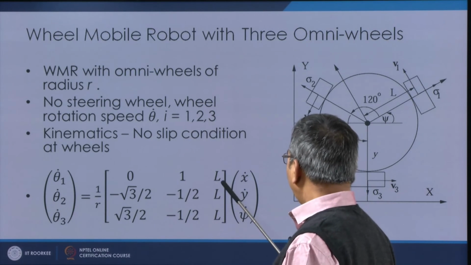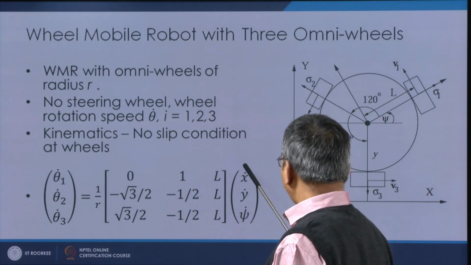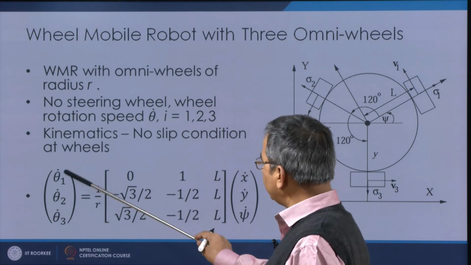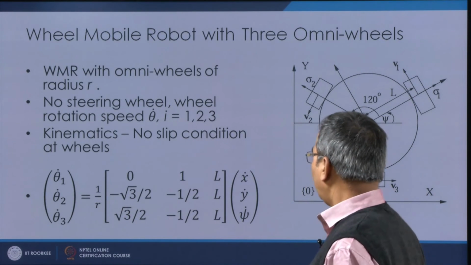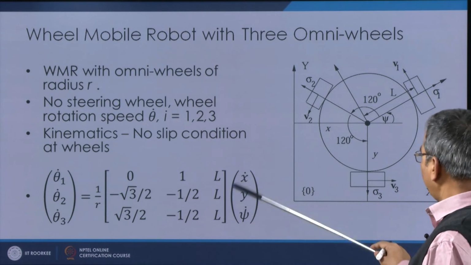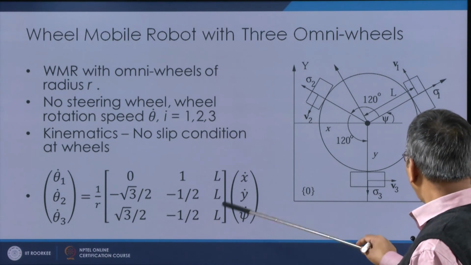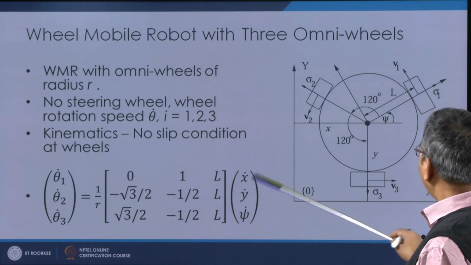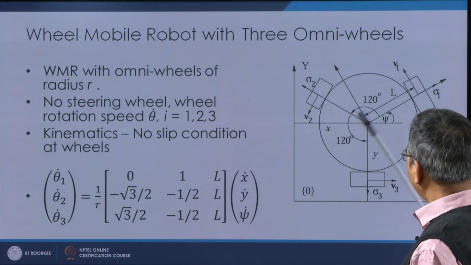Here we have a matrix multiplied by the Cartesian velocities in order to get the individual wheel rotations. This can be worked out by going through the simple kinematic equations.